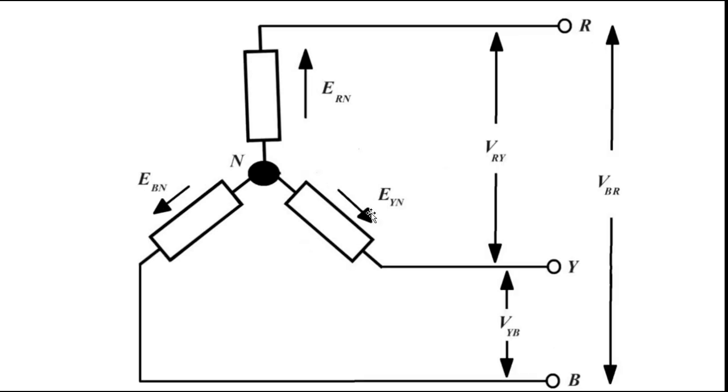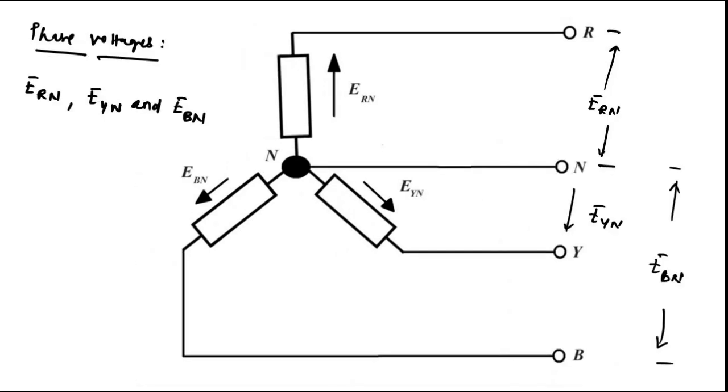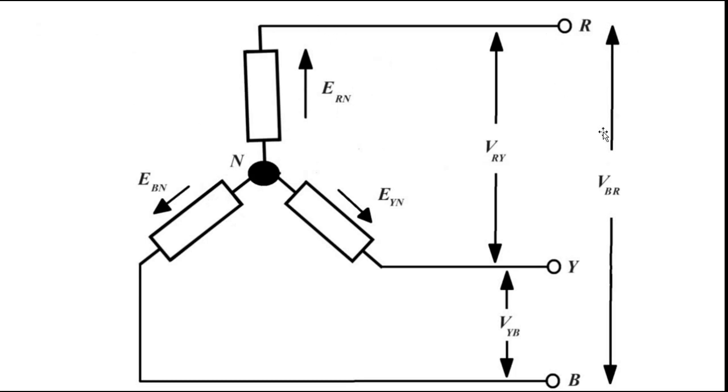Next is this. Here you see I have deliberately removed the neutral line. If we omit the neutral line, we are left with the red winding line, the yellow winding line and the blue winding line. Now this represents the voltage between red line and yellow line, VRY.